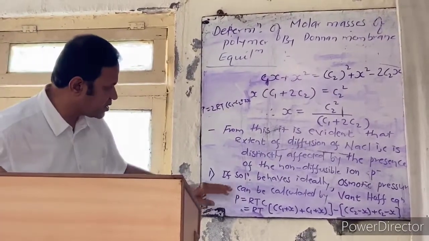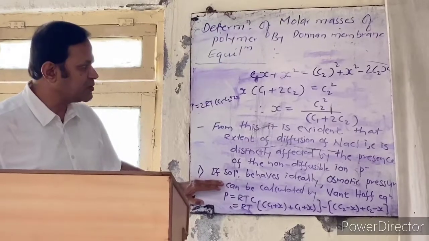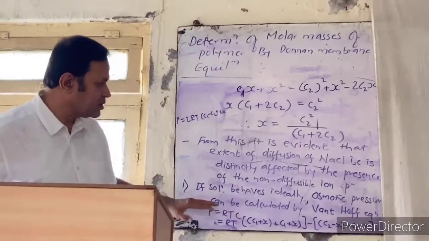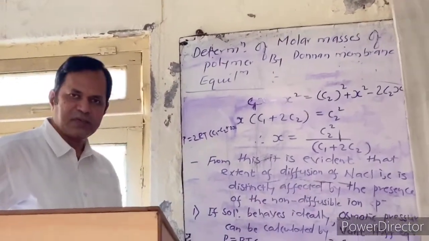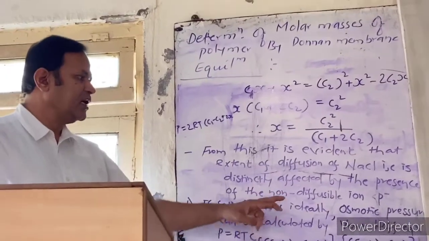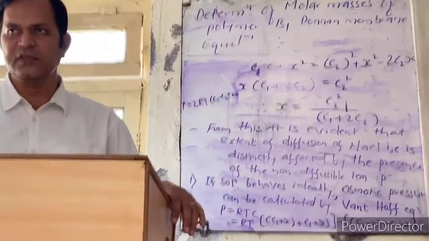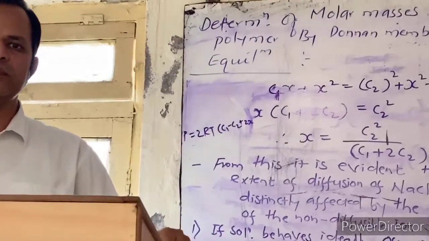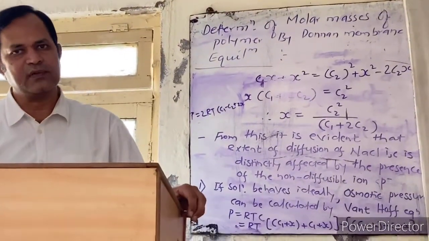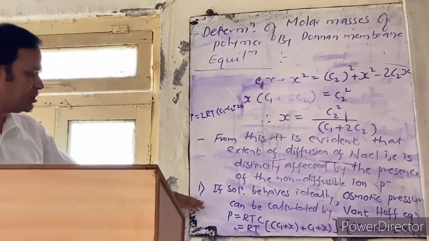The first is, if the solution behaves ideally, what about the osmotic pressure effects? The second conclusion is, if the C1 value is small, how is the equation? And the third is, if the C2 value is small. That we will discuss. Now see the first one.